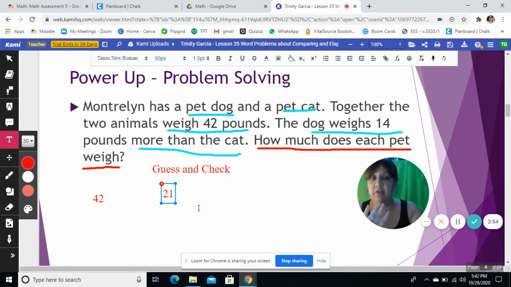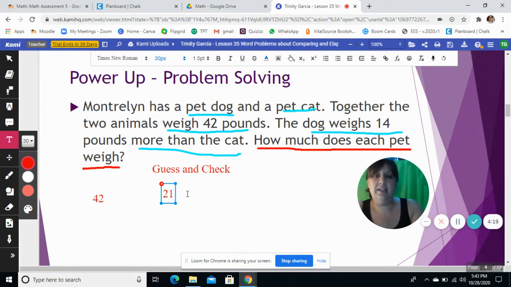If we increase and decrease 2 on each side, we would have a difference of 4 pounds. We can notice that the difference is double the amount we increase or decrease. So we could try increasing and decreasing by 7, because 7 is half of 14, and we know, remember, that the dog weighs 14 more pounds than the cat.